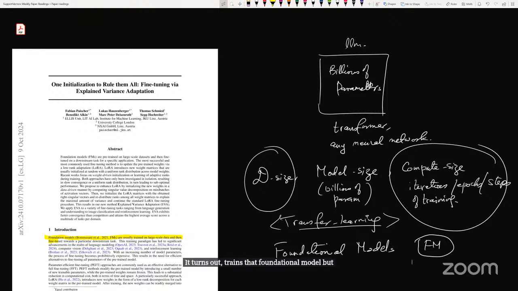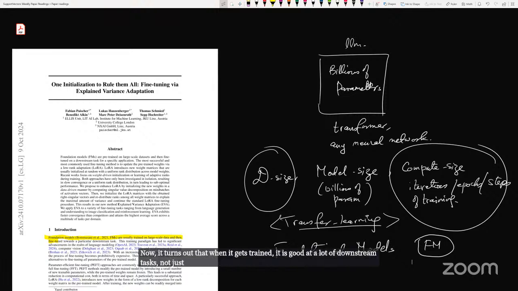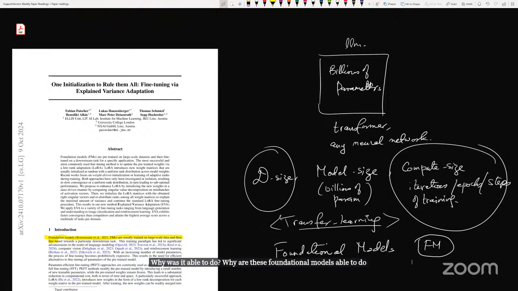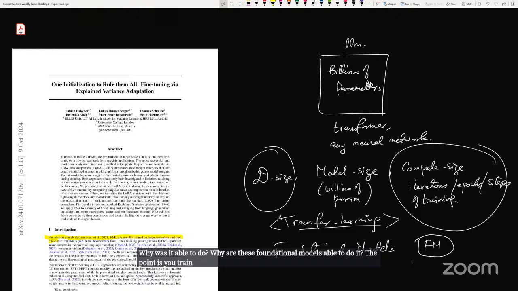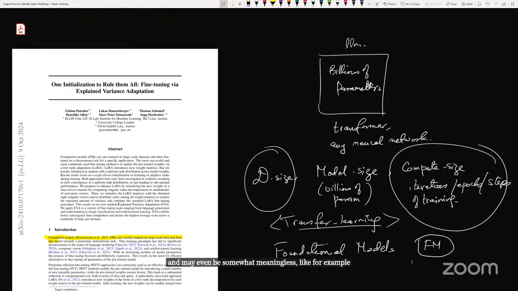Now, it turns out that when it gets trained, it is good at a lot of downstream tasks, not just filling in the blanks. It's able to do classification, sentiment analysis, and all sorts of things, and so on and so forth. Now you can ask this question, why are these foundational models able to do it? The point is, you train the foundational model on a task that is generic enough and may even be somewhat meaningless, like masking a few words and asking it to guess.